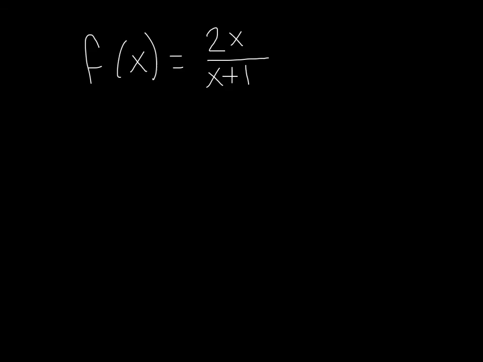The directions on this are to find the domain. So we have a rational function, f of x equals 2x over x plus 1, and what we're going to do is find or state the domain. The domain is the x values.